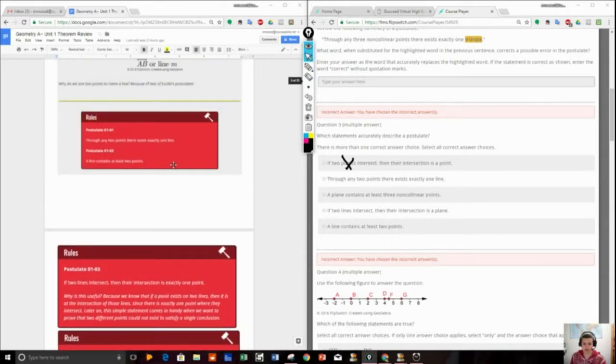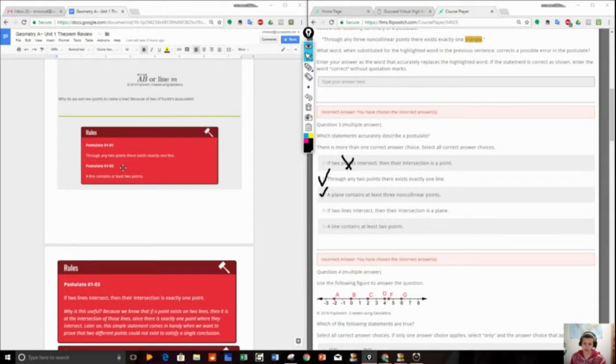So let's read for our postulate. Through any 2 points, there exists exactly one line. Yes, that one is a correct answer. A plane contains at least 3 non-collinear points. Yes, we answered that in question 2. If two lines intersect, then their intersection is a plane.